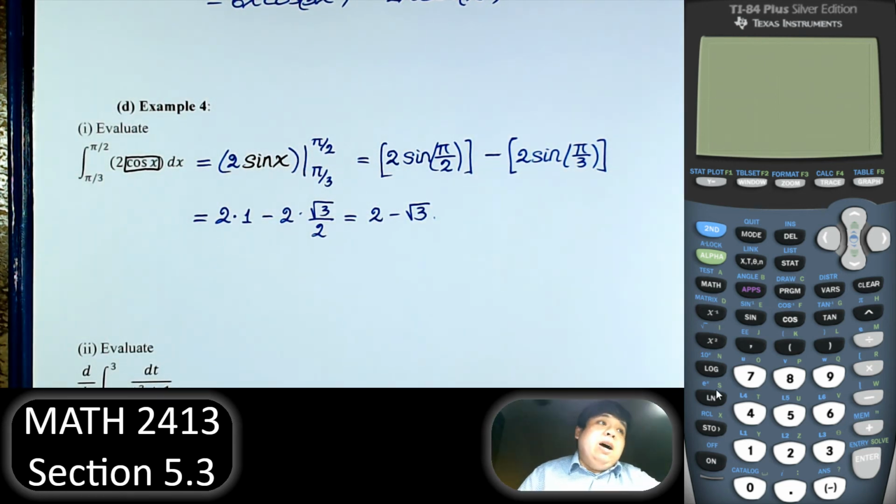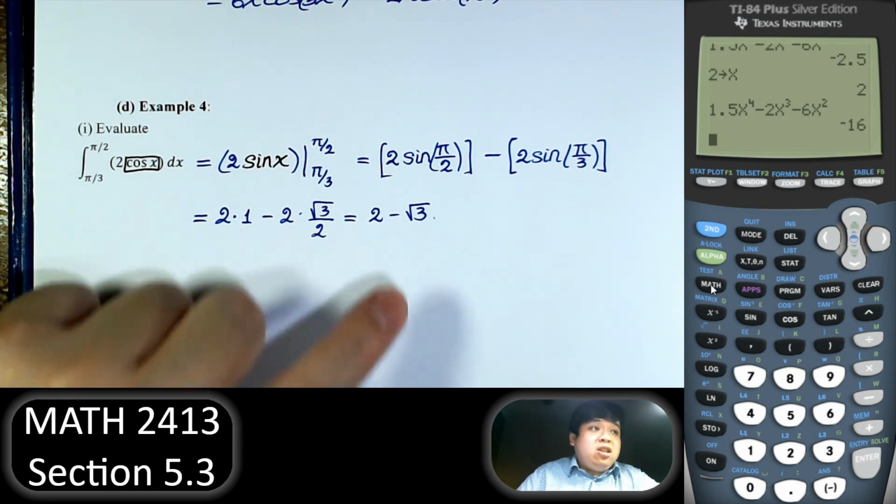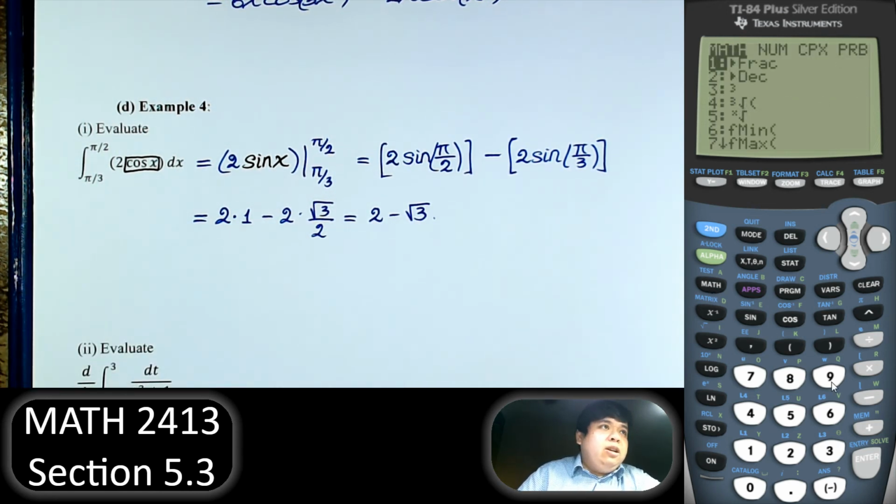Of course, we can still check the answer. The calculator will not give us this exact answer, but somehow we can get something close to each other. From pi over 3 to pi over 2 of 2 cosine x dx.